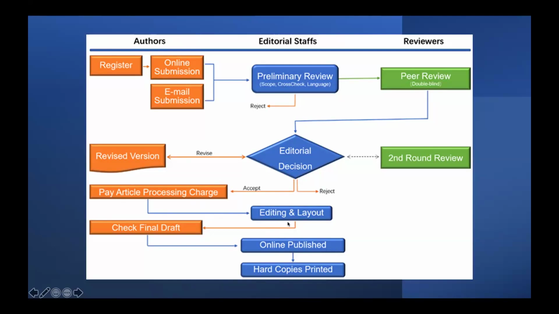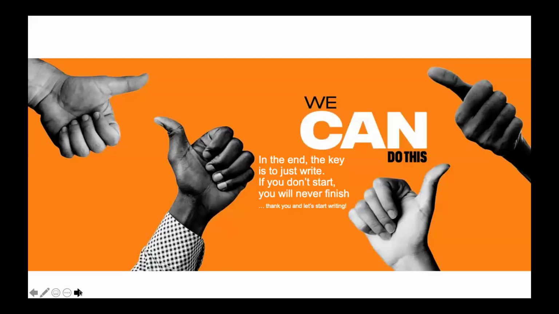Then there is editing and layout, and they will send us the final draft to check, and finally online publication and hard copy printing. Once you get through this, you have successfully published your journal. So we can do this.